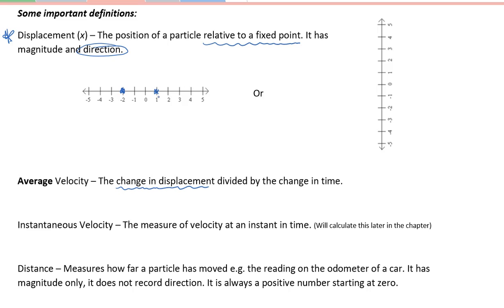You could probably see that if we started at 1, it doesn't matter where we went, maybe down to -5, and finished back at 1, then it's possible that although there's been velocity, our change in displacement has actually been 0. We finished at 1 and started at 1, and 1 subtract 1 is 0.